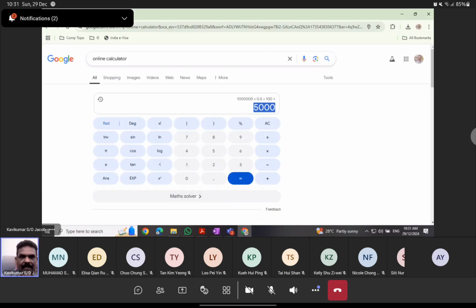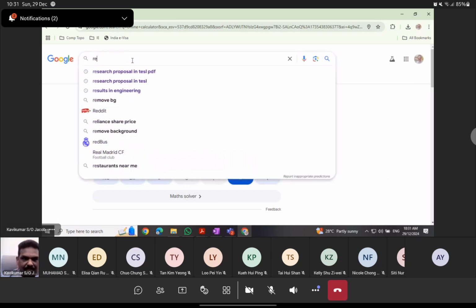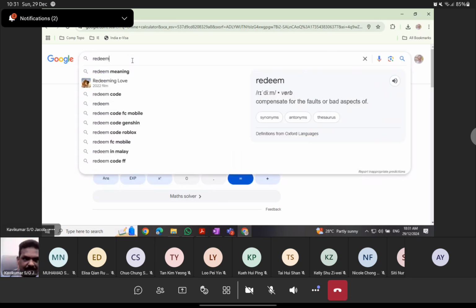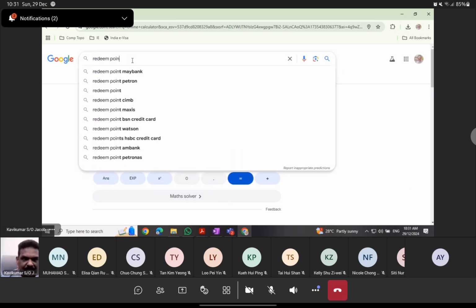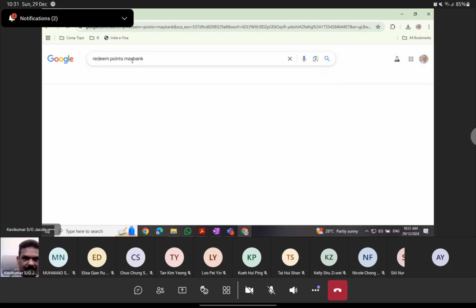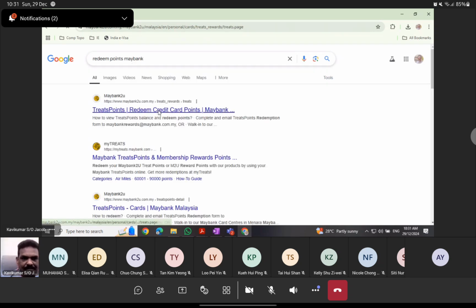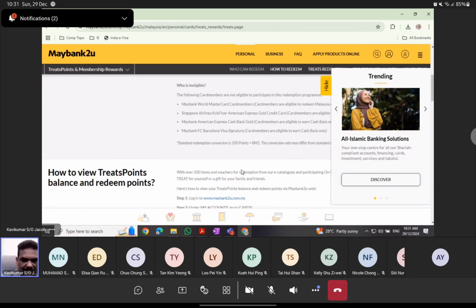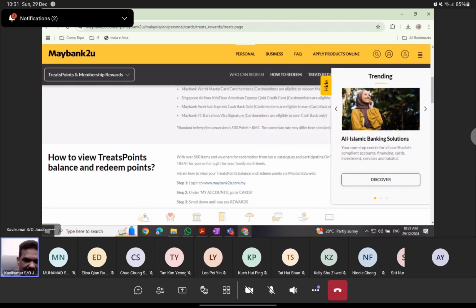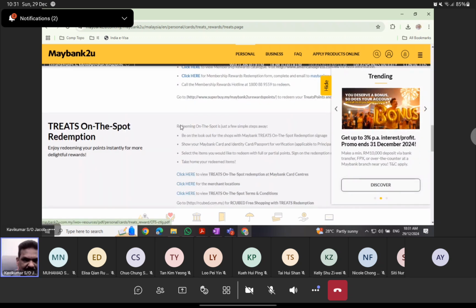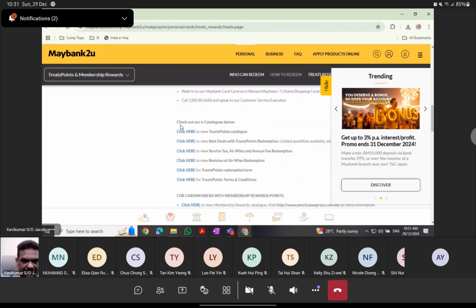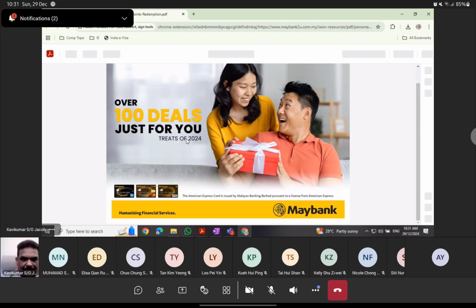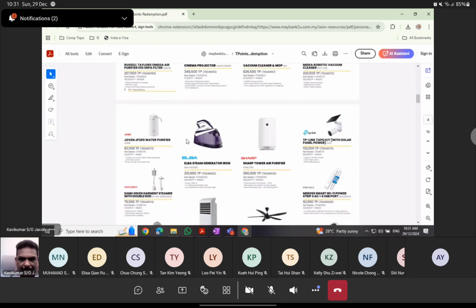Okay, redeem. This is like how you can redeem your points, right? If you have some points, you can redeem them and buy certain things.